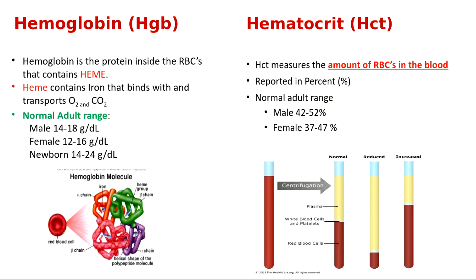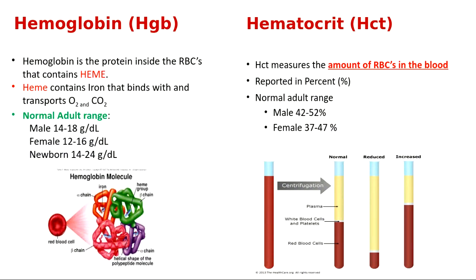They will get a capillary tube, fill it up with blood, centrifuge it, and then measure in percentage how much of the whole blood is packed cells, the red blood cells at the bottom, then how much is the buffy coat. The buffy coat contains the white blood cells and the platelets, and then the plasma on top.